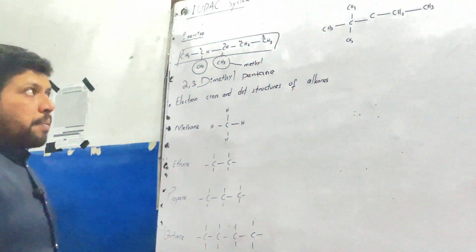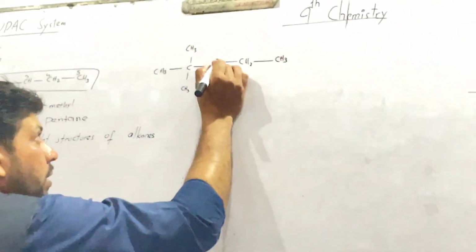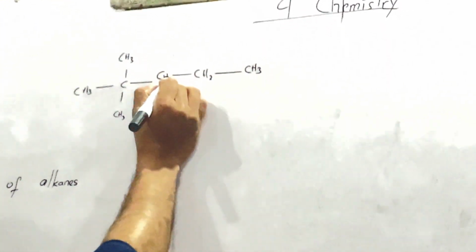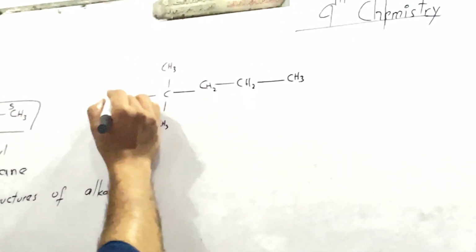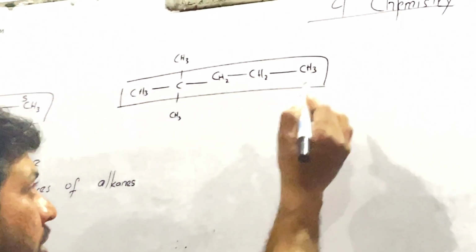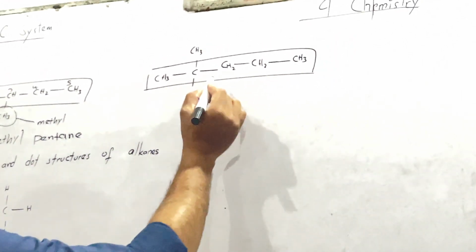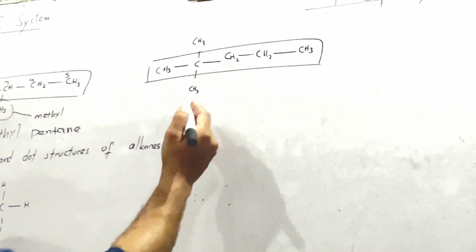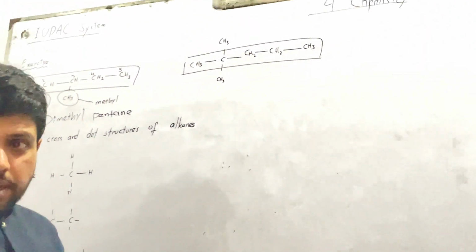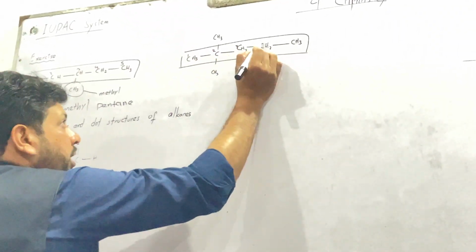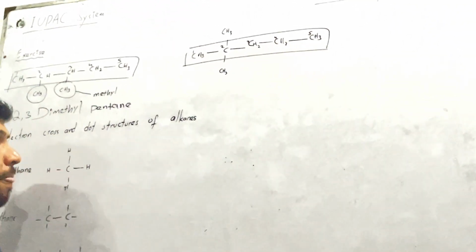Let's see another example. We have to satisfy the valency of the carbon atom. We have to select the longest chain. Then we have to count the numbering of carbon atoms either from left or right. Where should I count it, left or right? Tell me, students. Okay, good. 1, 2, 3, 4, 5.